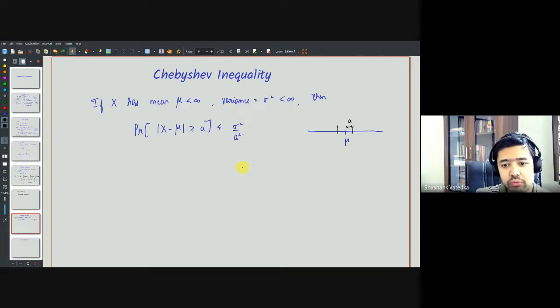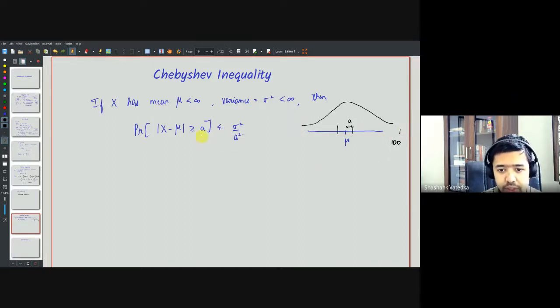When a is very large, the quantity on the right hand side is very small, so the bound is more useful. For example, take a Gaussian random variable with maybe 0 mean, and pick some really large point, say 100. What is the probability that X is less than minus 100 or greater than plus 100?